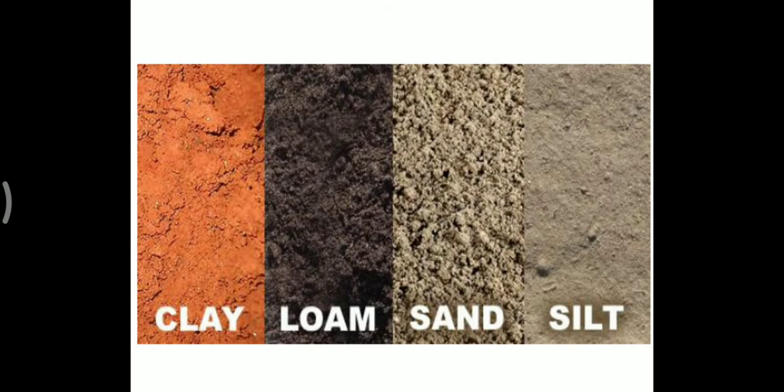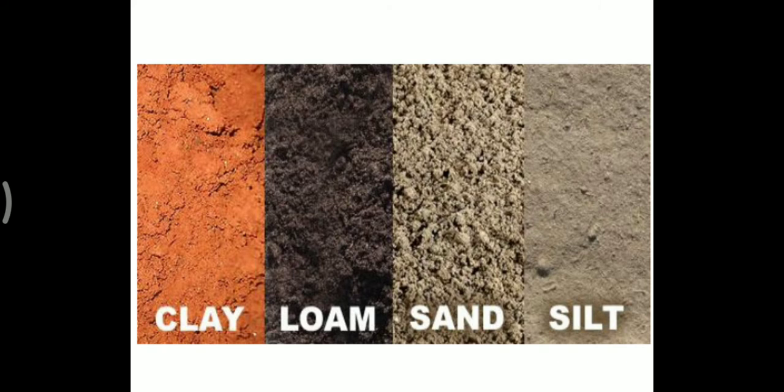So basically, soil contains four types of particles, that is clay, loam, sand, and silt. If a soil is containing more clay particles, then the soil will be known as clayey soil. If a soil contains more sand particles, we will call that soil sandy soil.